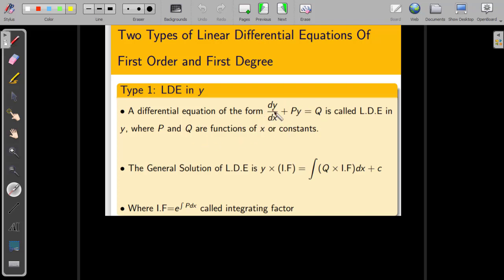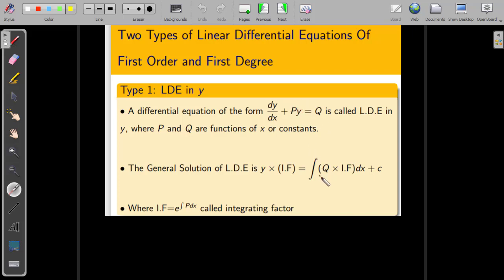Now once we know this equation is a linear differential equation in y, we are going to find the general solution. The general solution formula is: y times integrating factor equals the integral of q times integrating factor dx plus c. This is the formula to find the general solution of this linear differential equation.